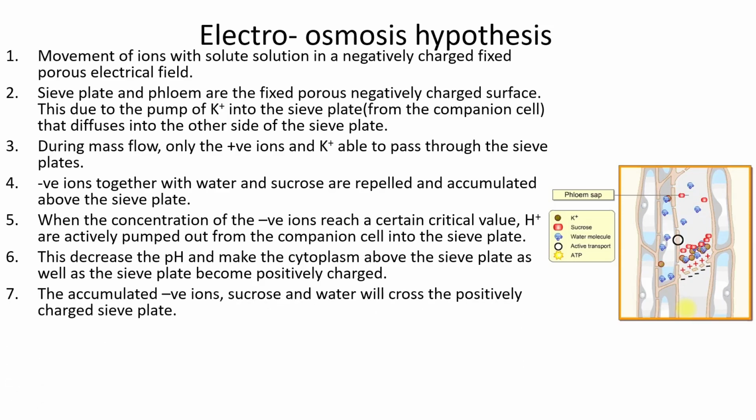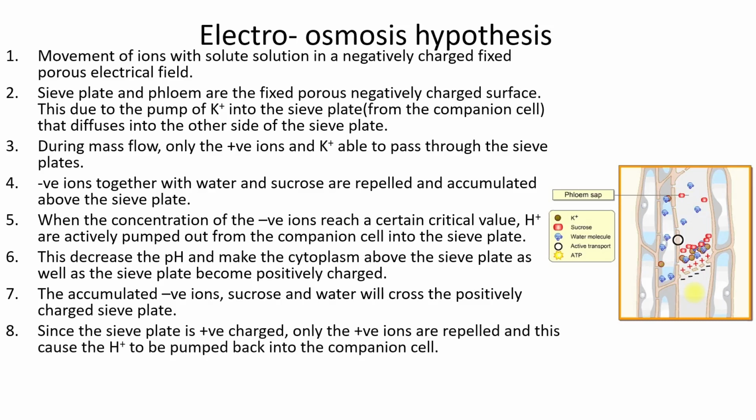The accumulated negative ions, sucrose and water will cross the positively charged sieve plate. Since the sieve plate is positively charged, only the positive ions are repelled, and this causes the proton to be pumped back into the companion cell, and the cycle repeats.